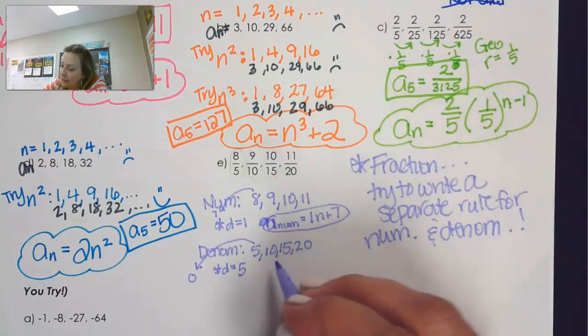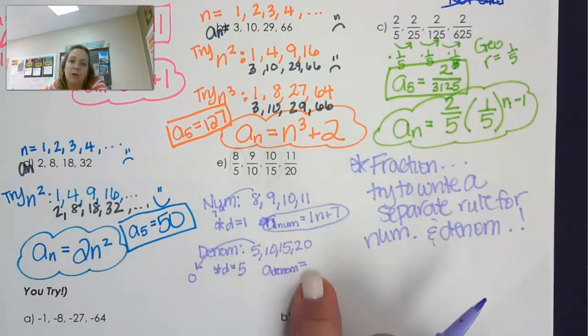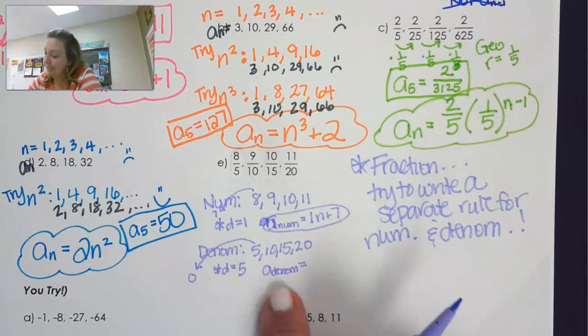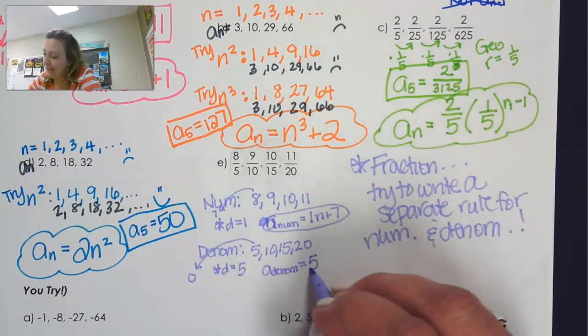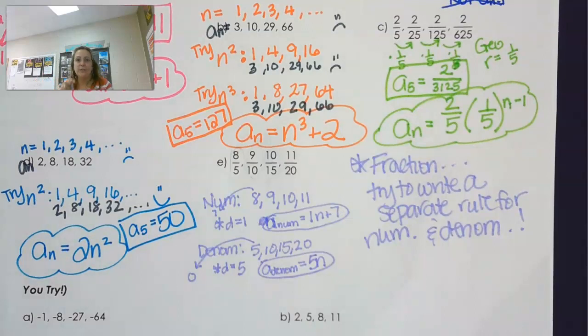So my a sub denominator, and again, you don't have to do all of this work. You don't have to label it like this. I'm just trying to make sure that we're clear. The a sub denominator ends up being 5n plus 0, or just 5n. Okay, so this is kind of like what you're doing in your head.